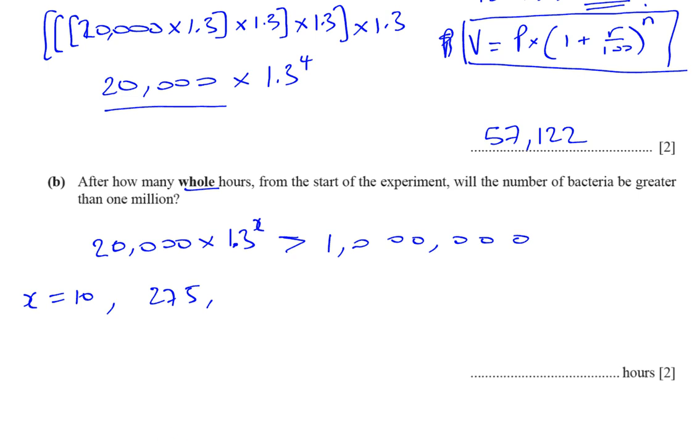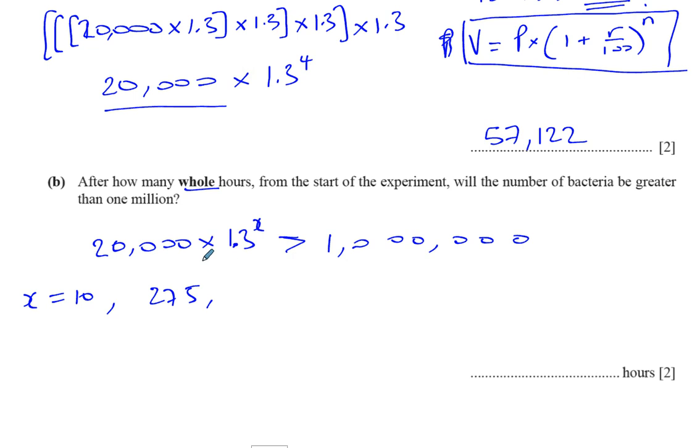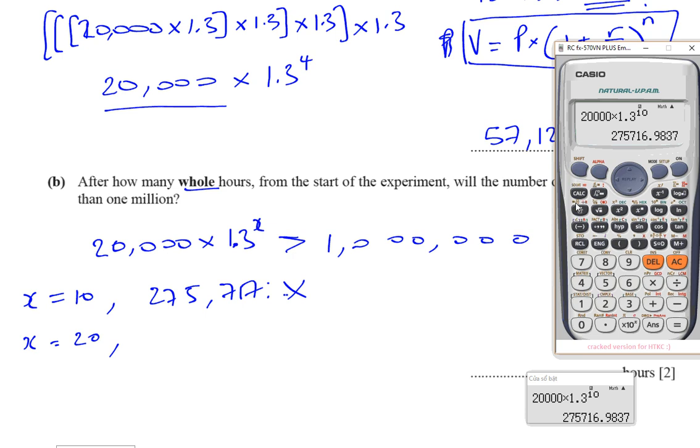That's rounded. Alright, that's not the correct amount. So let me try, for example, x equals 20. We just replace that 10 with 20. This is just trial and error.